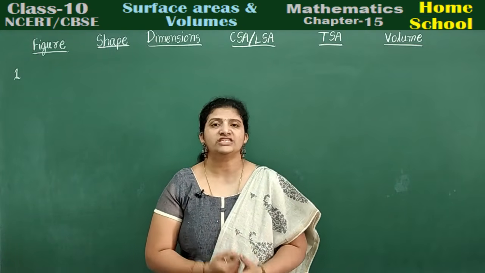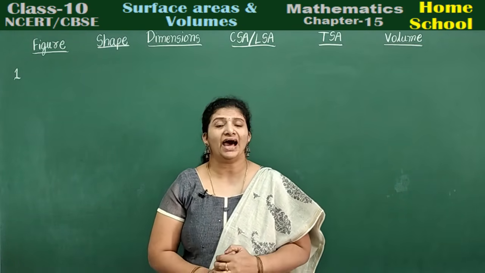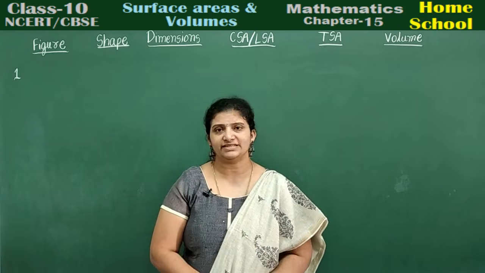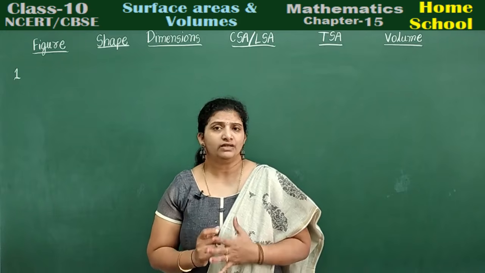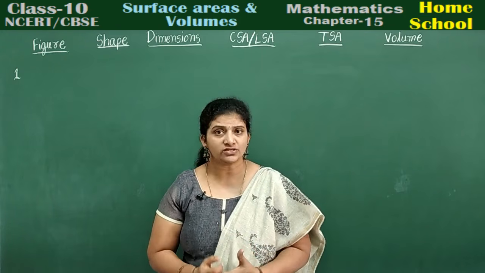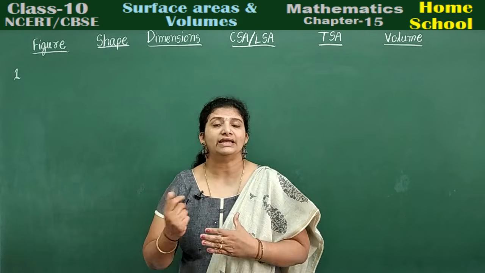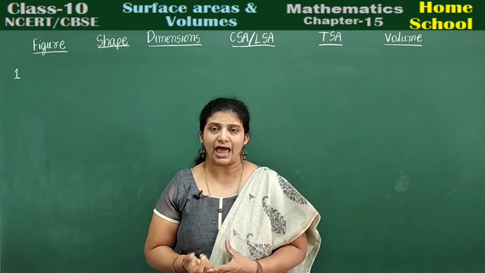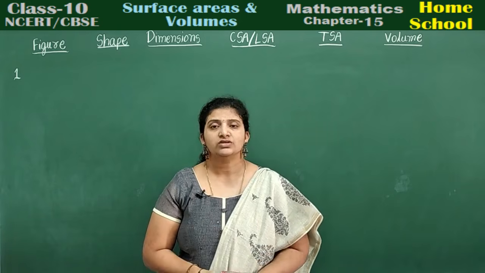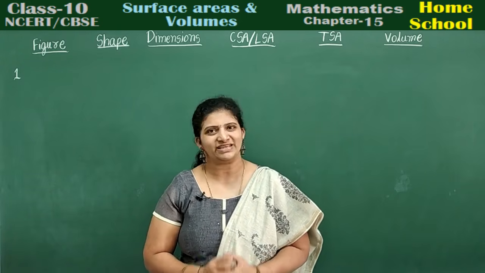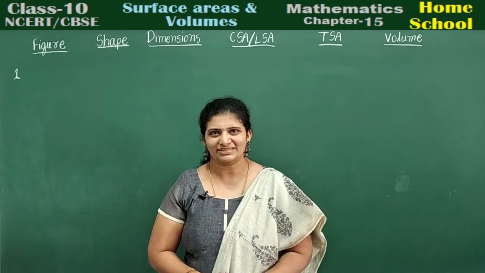Before going into the chapter, we are going to have a recap of what we learnt in 9th standard. We learned all the formulas, how to draw the solids and how to identify lateral surface area, curved surface area and total surface area. So in our introduction class, we are going to discuss those basic concepts. Let's start.